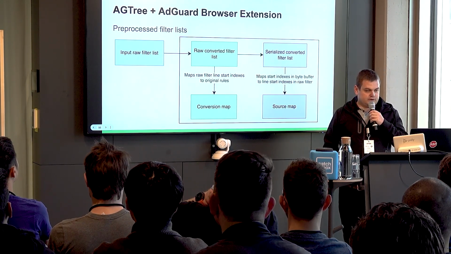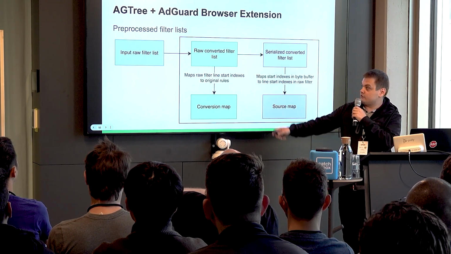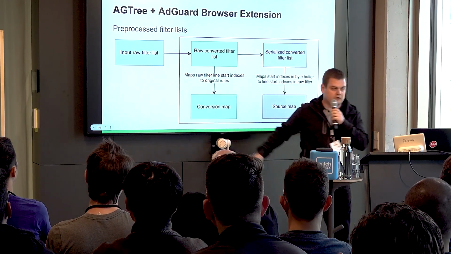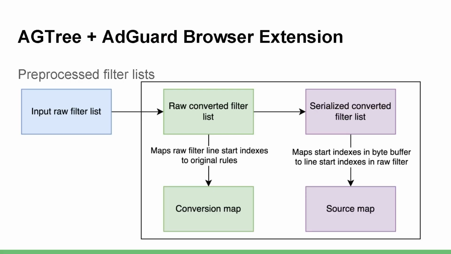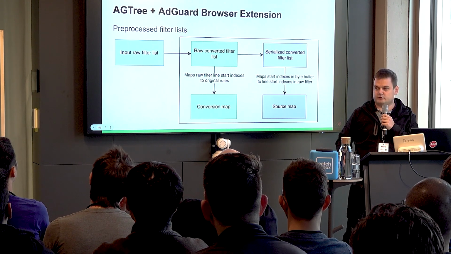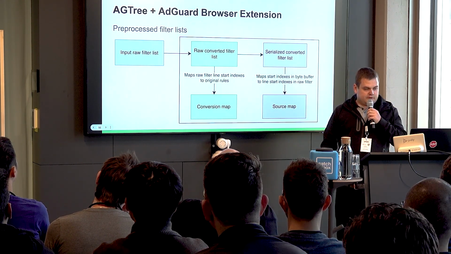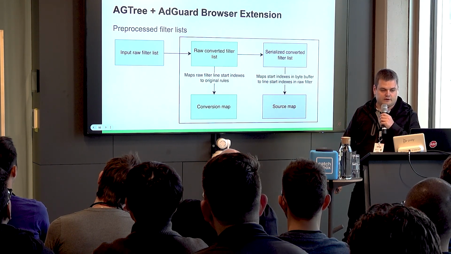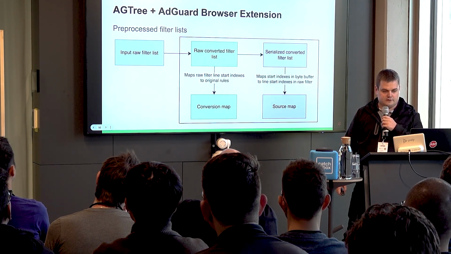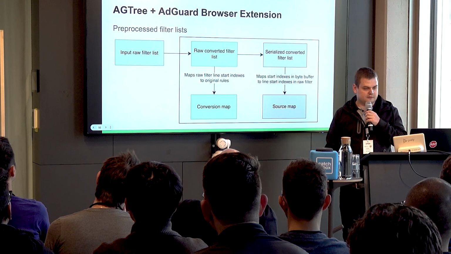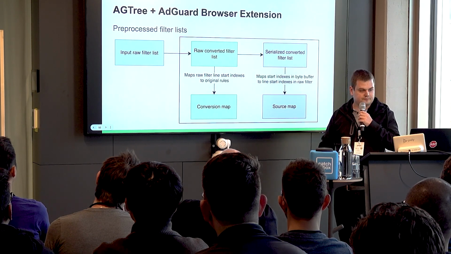Initially, we start with an input filter list, which may contain various types of rules, such as AdBlock rules or other kinds of rules. At first, we just convert this filter list to AdGuard syntax, resulting in a raw filter list now formatted for AdGuard.